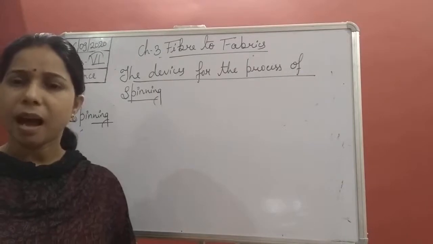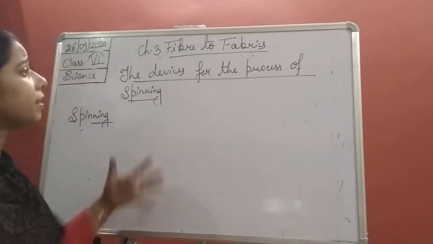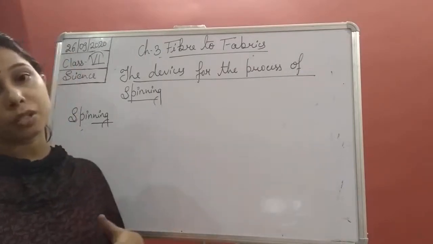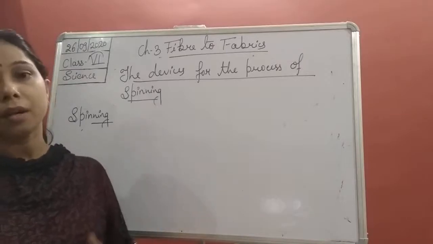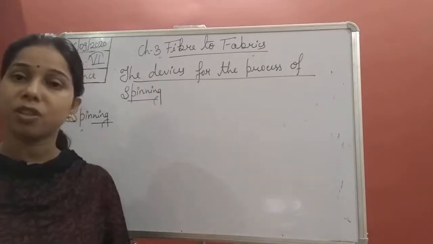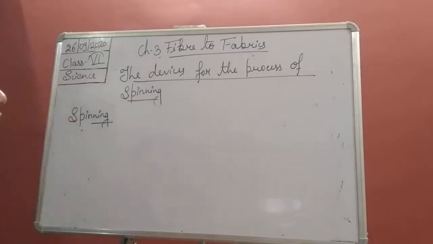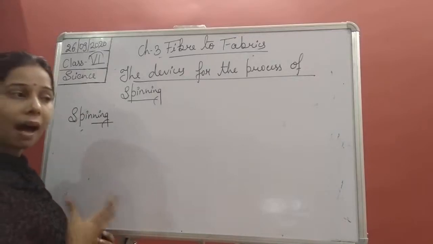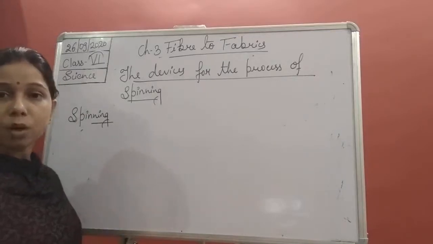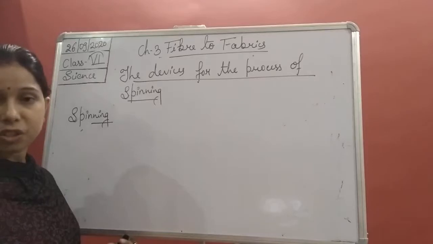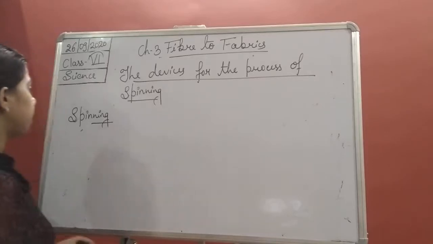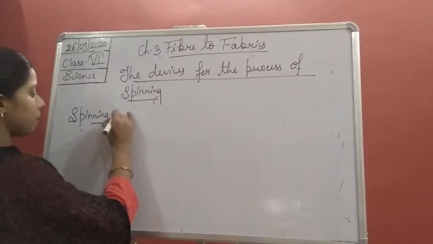Is it possible to take the fibers and convert them into yarn with the help of the charkha or the spindle? No. If the quantity is more, students, instead of using hand equipment, better we should use machines. So the next one is the spinning machines.